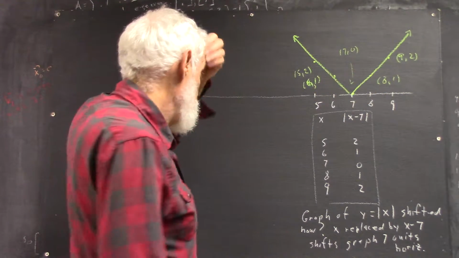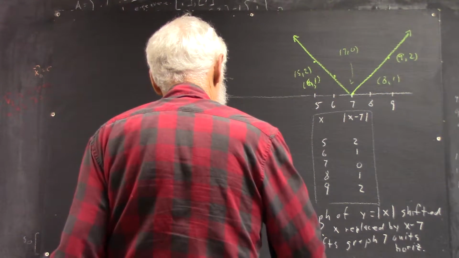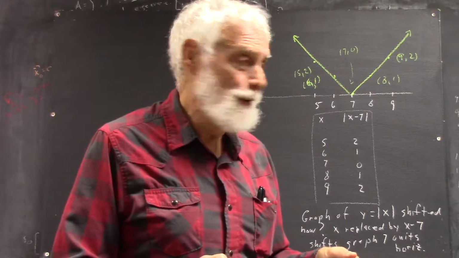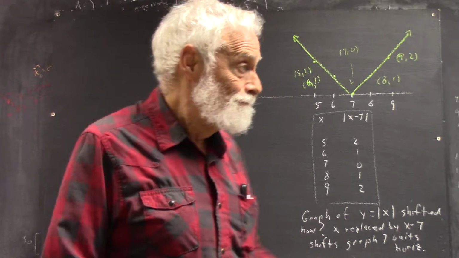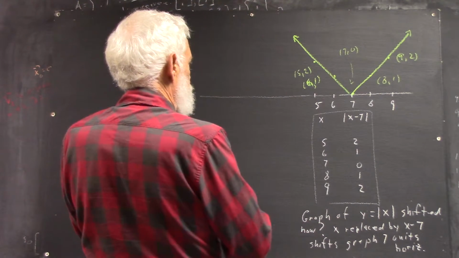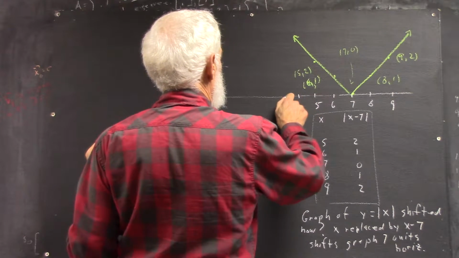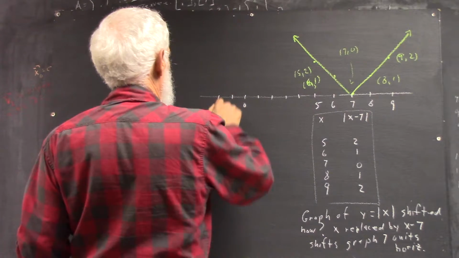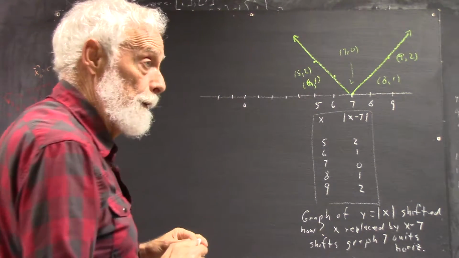So we take every point and we shift it 7 units this way. It's not the easy way to get the graph of the absolute value function, but I just want to show what needs to be shown about transformations, okay? Now we go 4, 3, 2, 1. Here's 0, -1, -2, and that's all we're going to need.